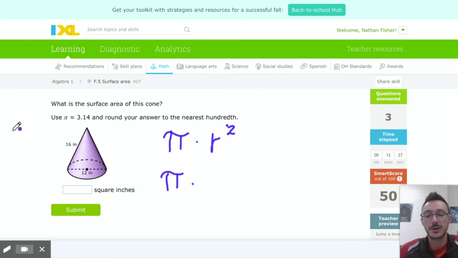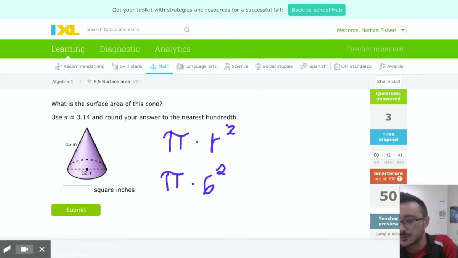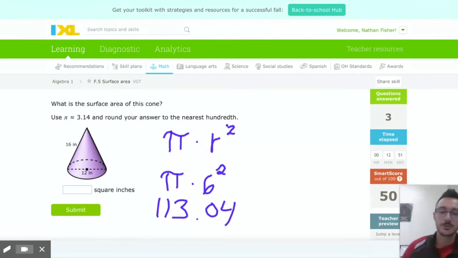The radius is halfway across the circle, so in our case it's going to be 6, half of that 12. And squared means basically you're going to do 6 times itself, but we'll write squared. Let's go ahead and calculate that. 6 squared, or 6 times 6, is 36, times 3.14 gets me 113 and 4 100ths, or 0.04.